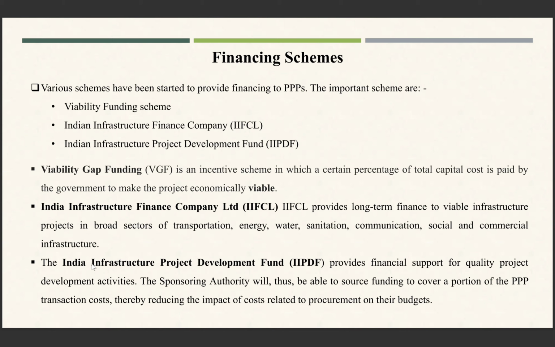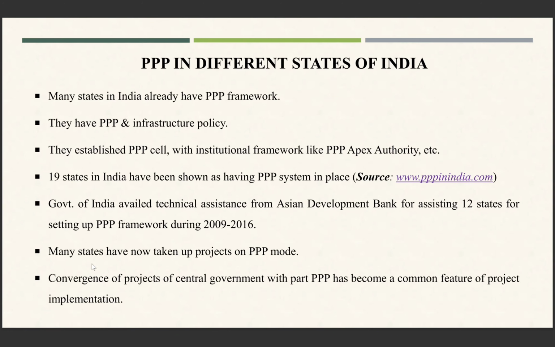And next is the IIPDF, the India Infrastructure Project Development Fund. It provides financial support for quality project development activities. The sponsoring authority will thus be able to source funding to cover a portion of the PPP transaction cost, thereby reducing the impact of costs related to procurement on their budgets.